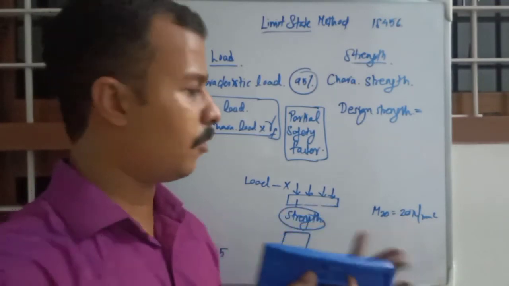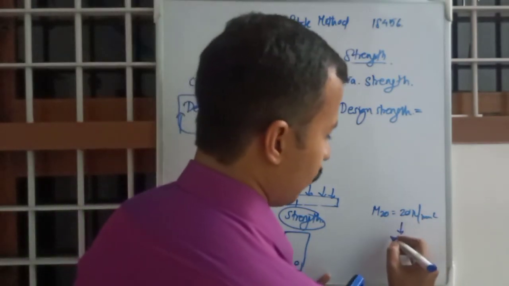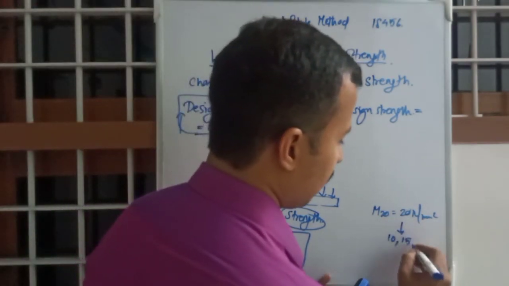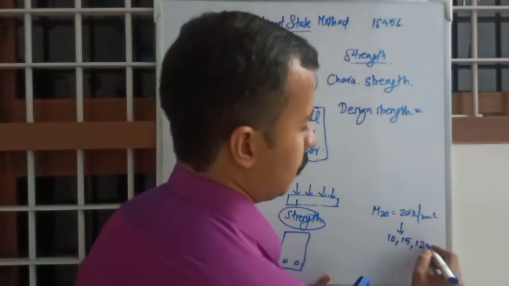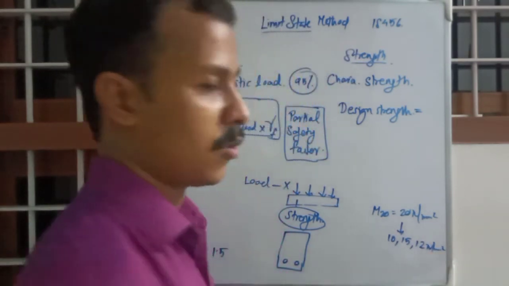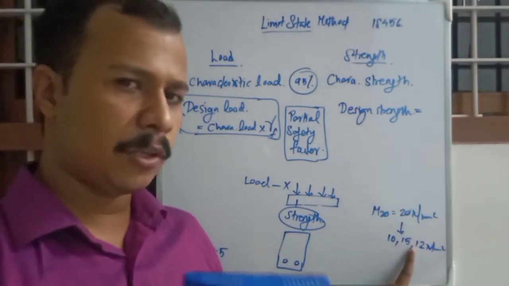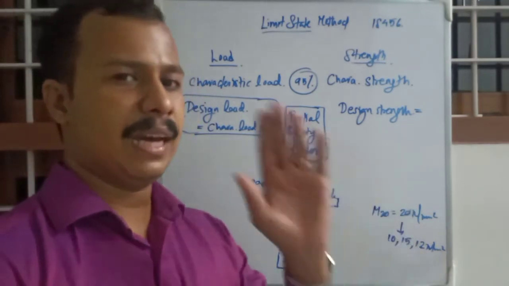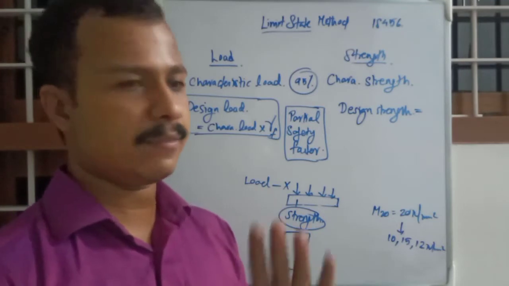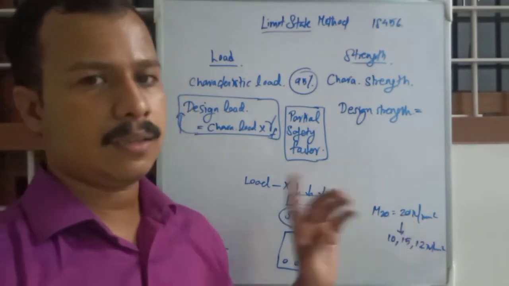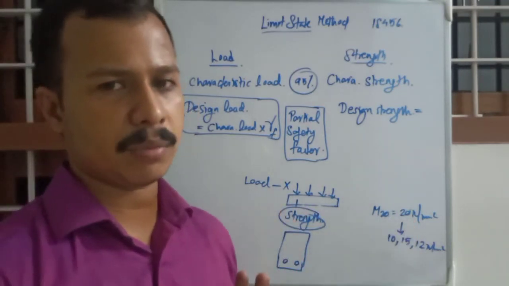No, we will design for a lesser value, maybe 10 or maybe 15, maybe 12 Newton per mm square. So that if you design the beam for 12 Newton per mm square, we are very confident that it will hold, as it is having 20 Newton per mm square.